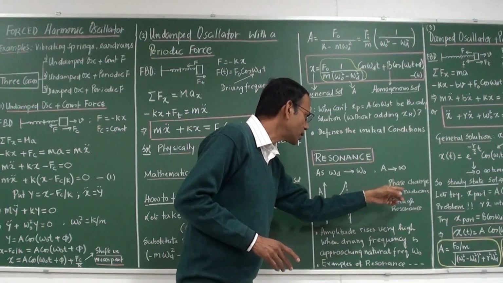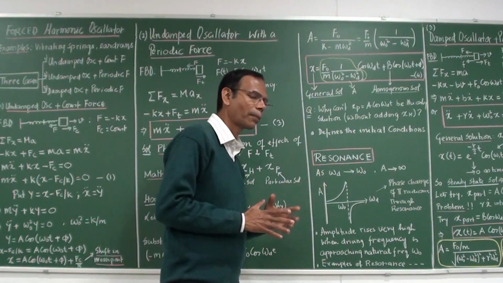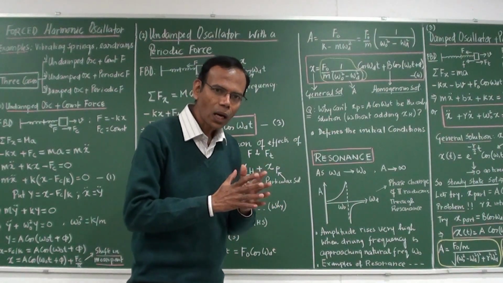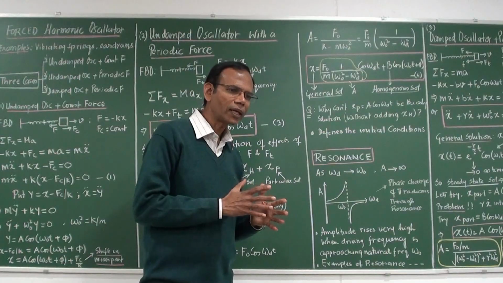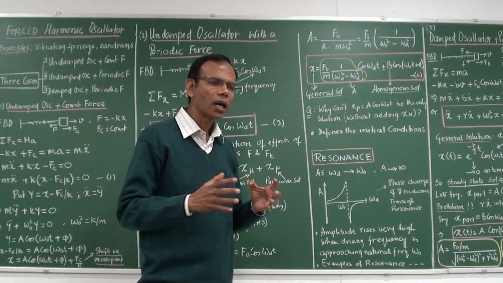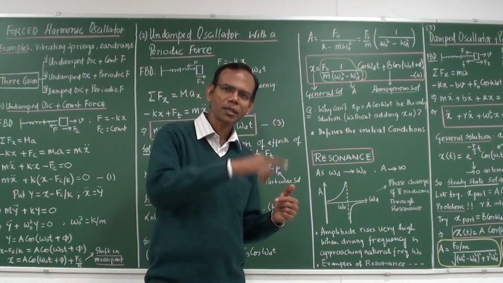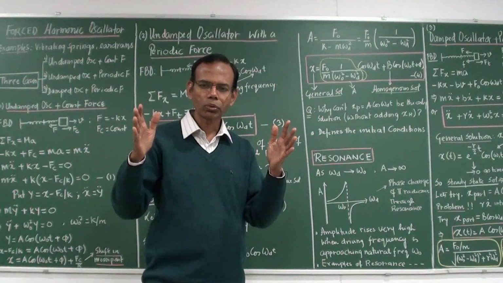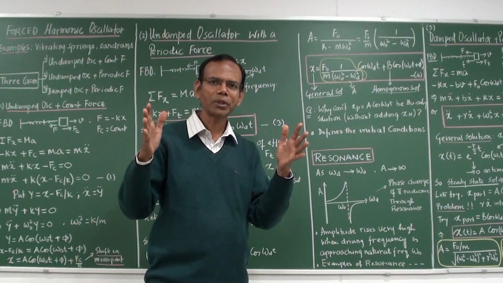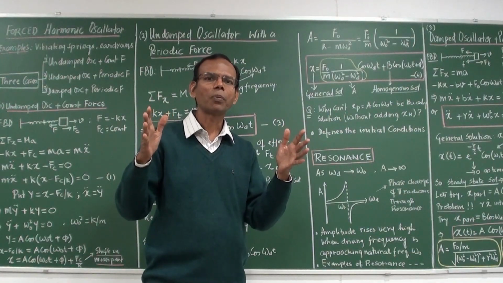A phase change of pi radians occurs through resonance. That is a significant thing. Now what does it mean? Out of phase by pi means, if you consider a particle moving in a circle, both are at maximum but in opposite directions.